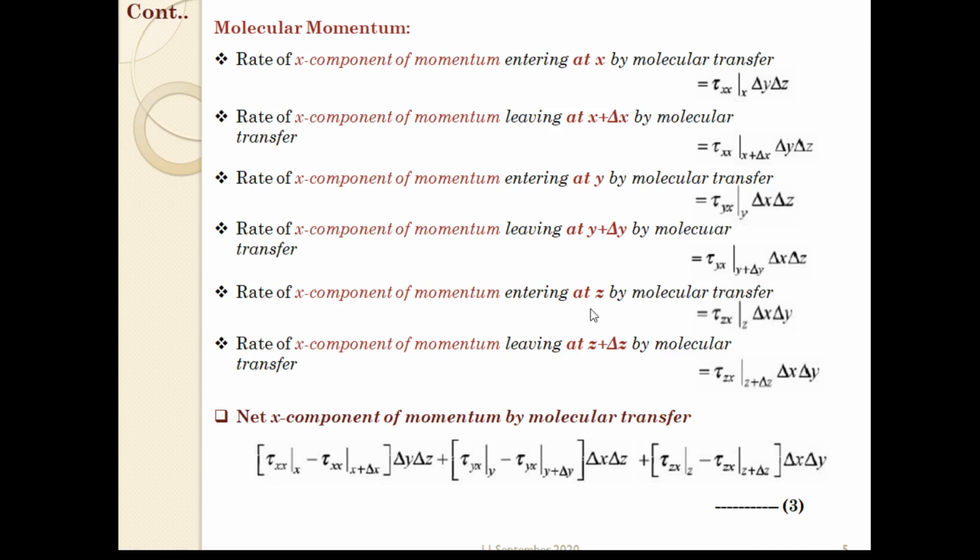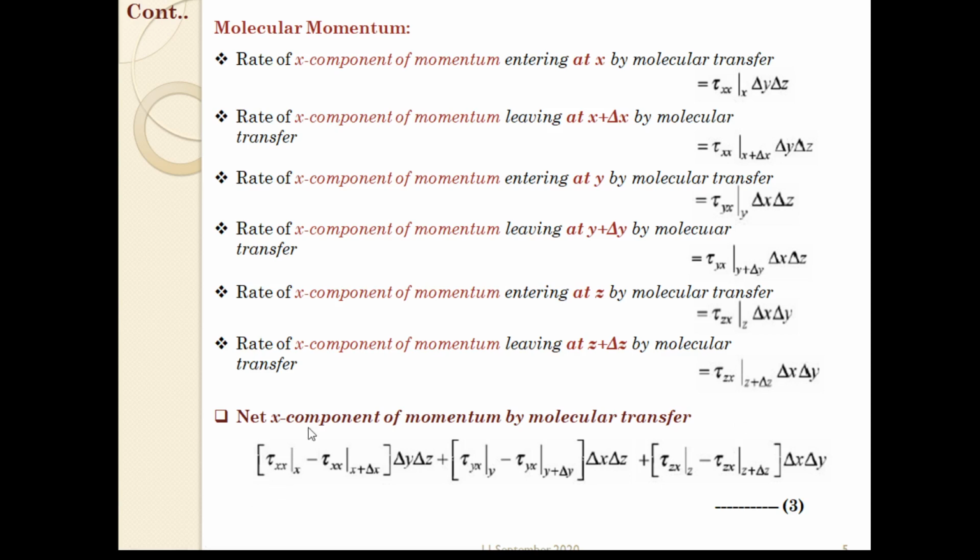So similarly at the z phase also we have the molecular transport of momentum for the x component we are considering. So this also will be tau zx, where the x component of momentum is getting transported into the z direction at the z phase. At this z phase also we have the area del x del y, and leaving at z plus del z, the same shear stress term tau zx at z plus del z multiplied with the area del x del y.